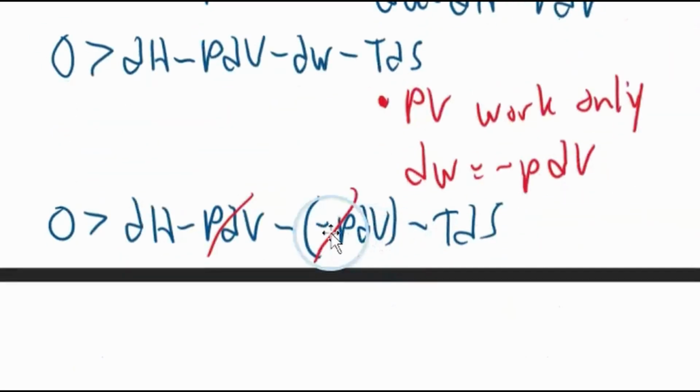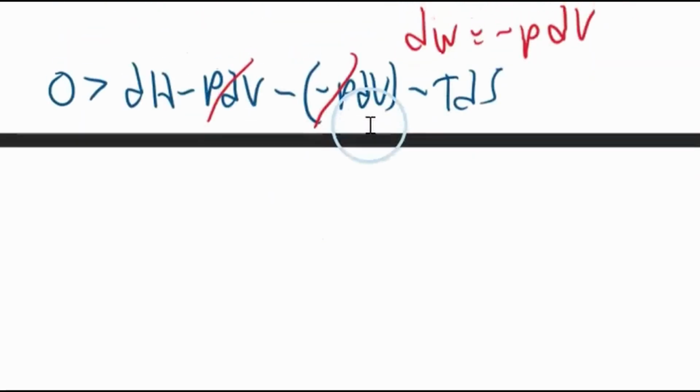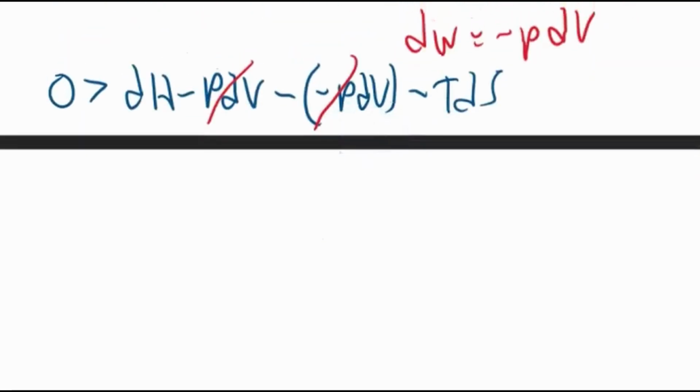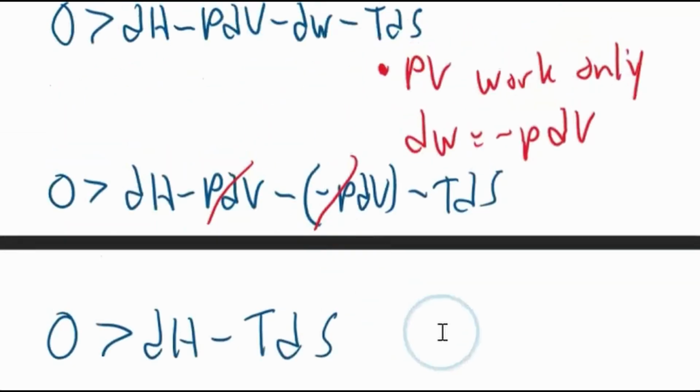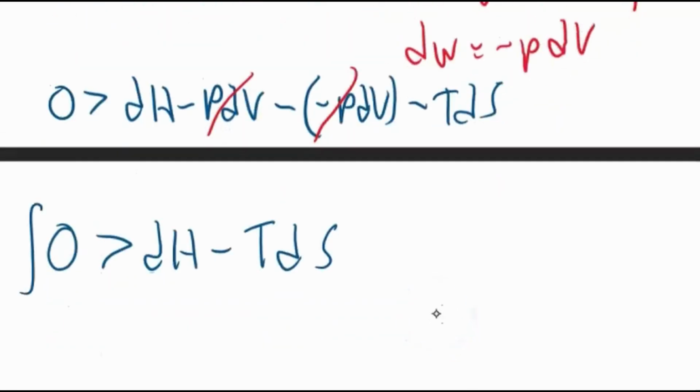We're pretty much there, but we need to get rid of these differentials. Let me clean this up: 0 is greater than dH minus T dS. Now we're going to integrate both sides from the initial to final state.